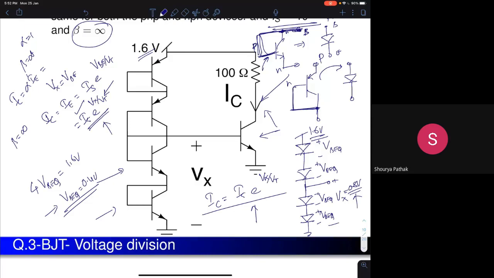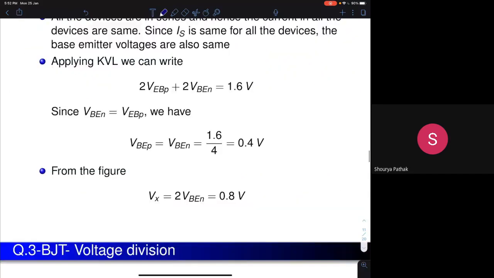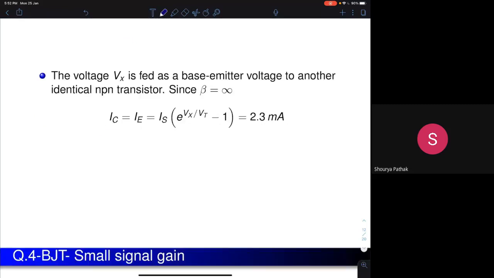Is e power 0.8 divided by Vt, which is 25 or 26 millivolts at 300 Kelvin. So you have to use that equation to find the value of the DC collector current. I used an approximate expression, but there is a -1 also there. So you'll get 2.3 milliampere in the question.